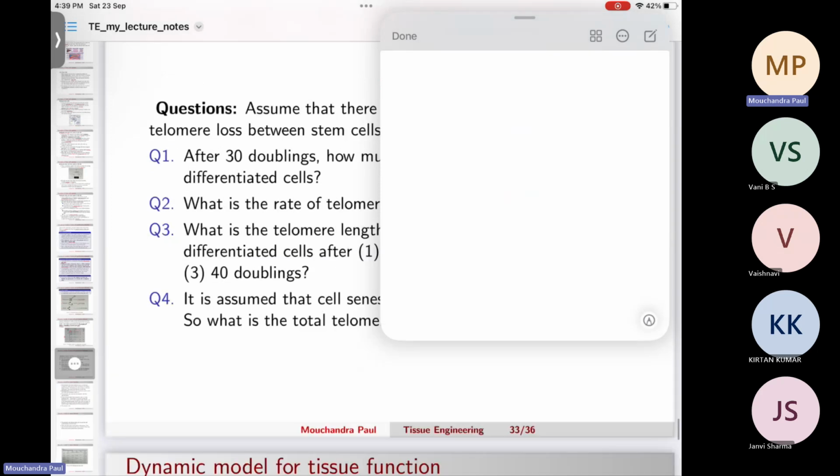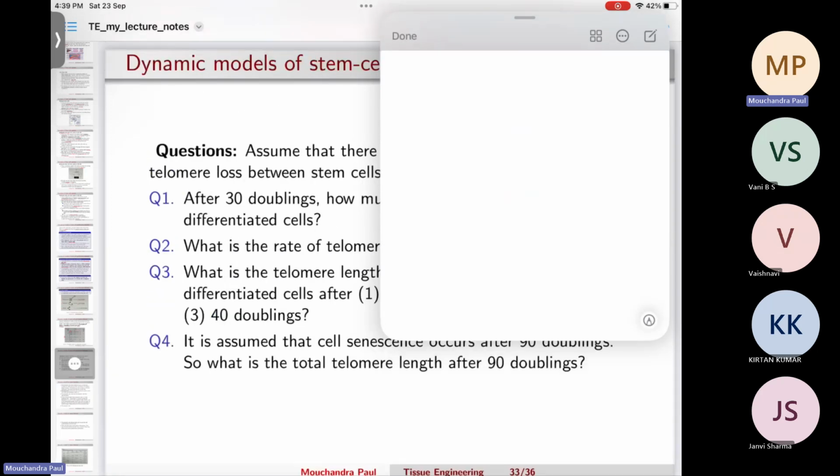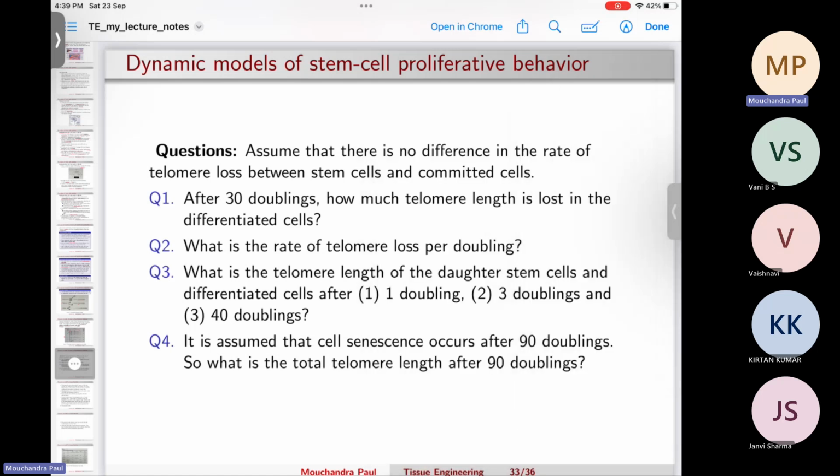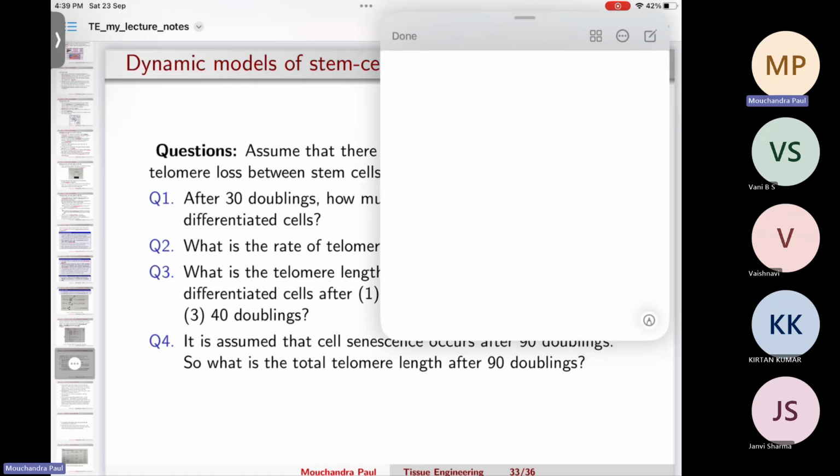I've opened a notepad here. Okay. First question is, after 30 doublings, how much telomere length is lost in the differentiated cells? Okay. So how would you do this question, or how will you begin to solve this question? So number of doublings, say n equals 30, right?